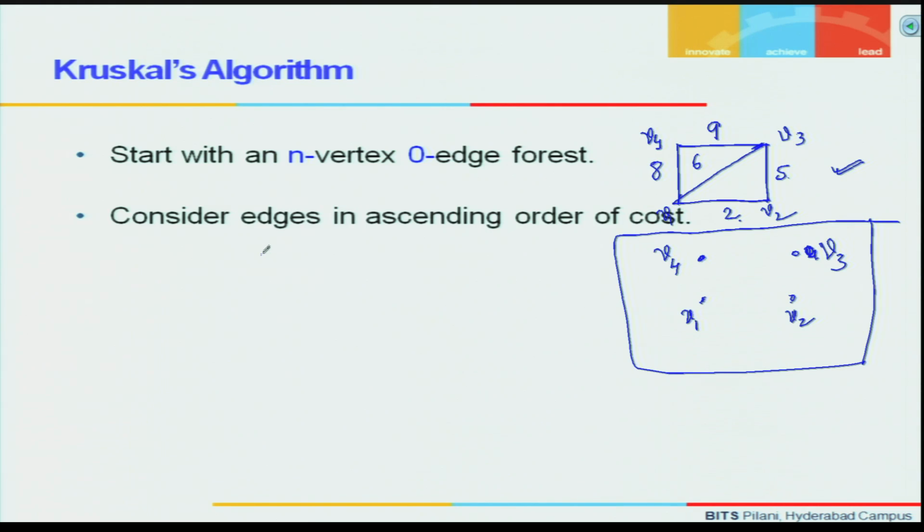So what you do, V1, V2, first you put this one because it has the minimum weight, then V2, V3, which is the next minimum weighted edge, then V3, V1, the next minimum weighted edge because it has 3 as its weight, then 6, then V1, V4, the next minimum weighted edge, then finally V3, V4, the next minimum weighted edge.